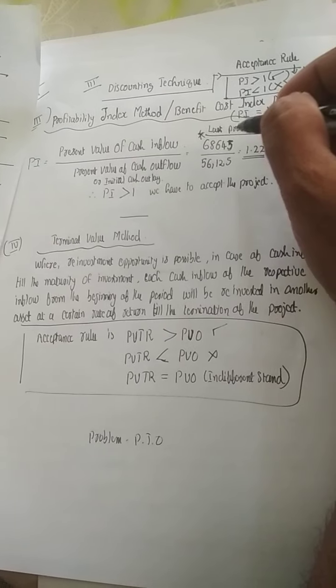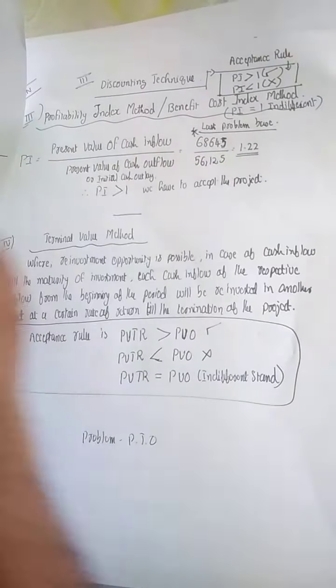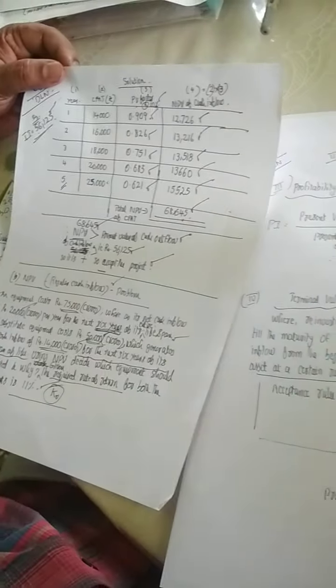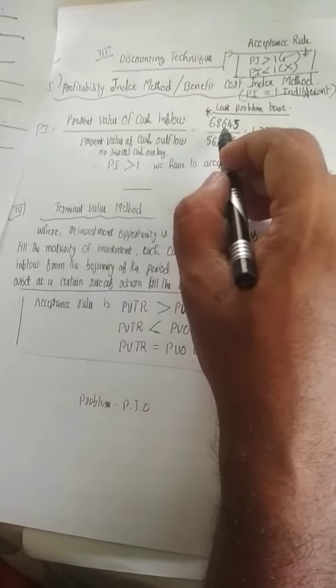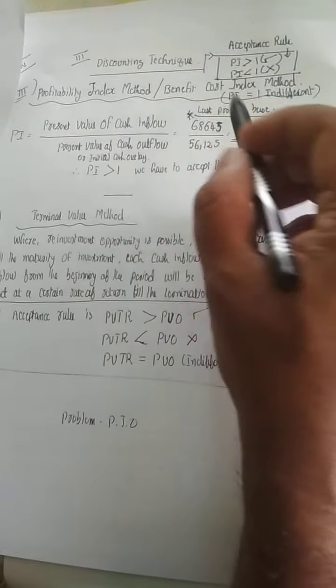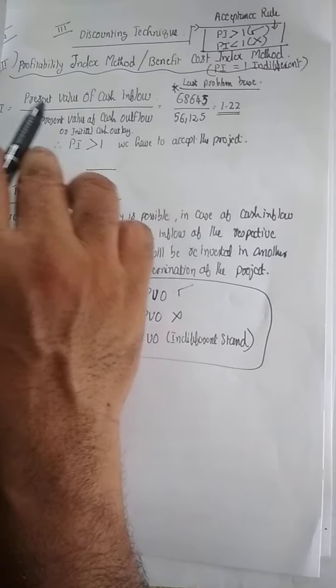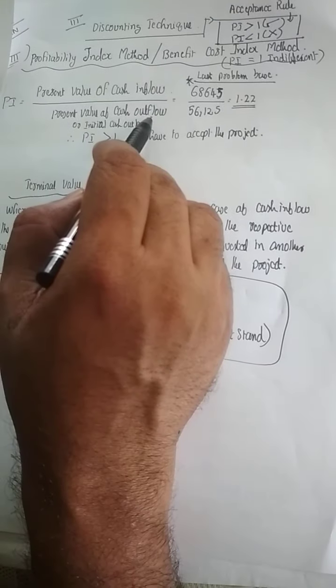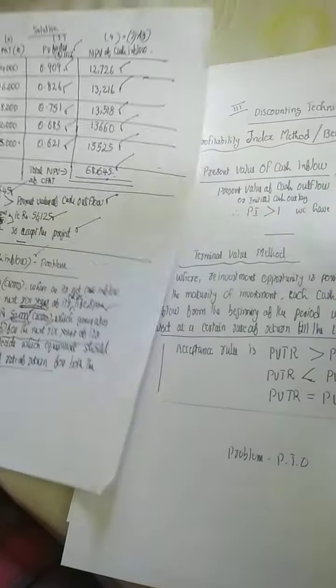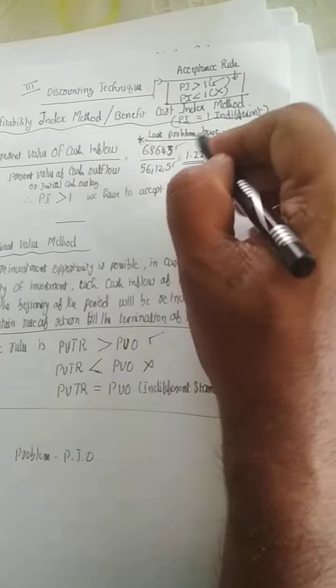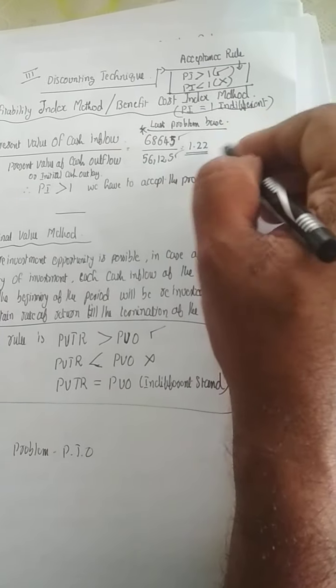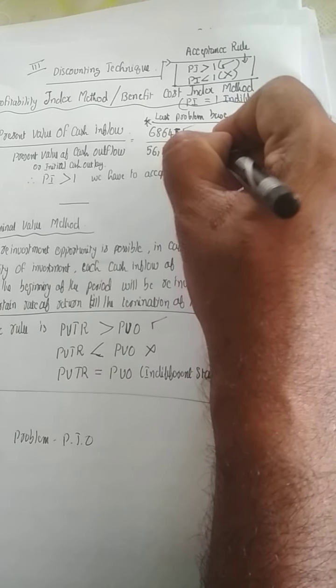Taking the same net present value irregular cash flow problem, I am doing the same using profitability index. That is 68,645 divided by the initial investment of 56,125. What is the result? We will get around 1.223.